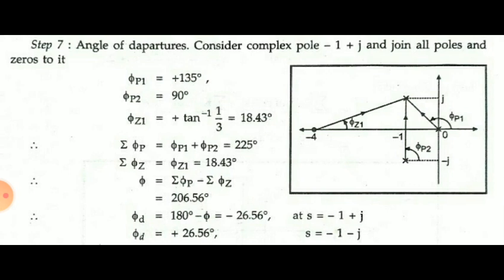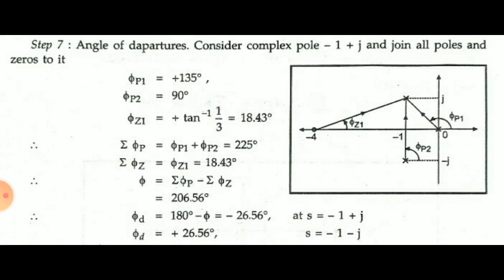Now angle of departure is required. Join the pole under consideration with the zeros and the poles. So draw all the lines, or join all the lines, with the pole under consideration. The pole under consideration is minus 1 plus j, and join all the lines: from 0 to that pole, then from the minus 1 minus j pole to that pole, and from the minus 4 point to the minus 1 plus j pole, and calculate the angles.